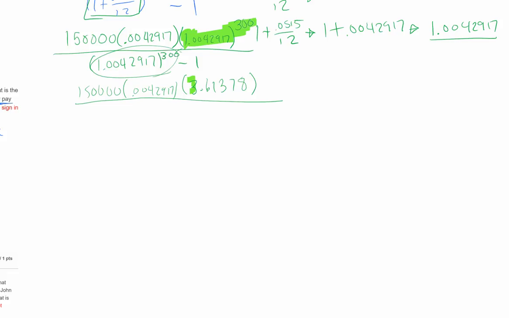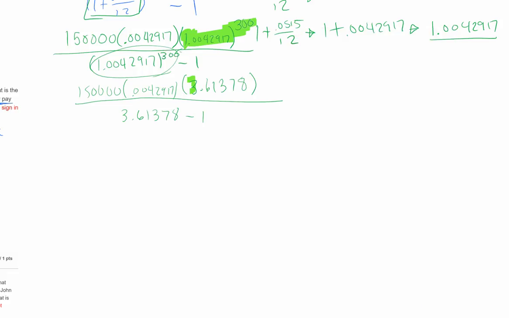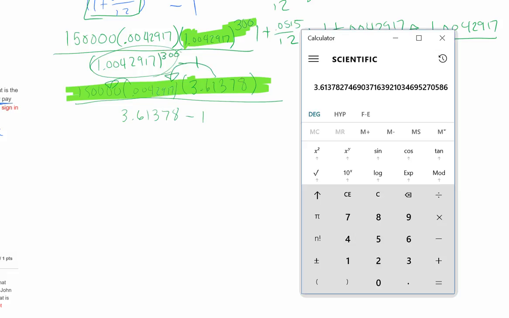So then we're going to have a 3.61378 minus 1 on the bottom. So now let's finish the top. Okay, we are going to finish this whole piece now. So we're going to go backwards. We already have this number, so I'm going to multiply it times that, and then I'm going to multiply it times that.